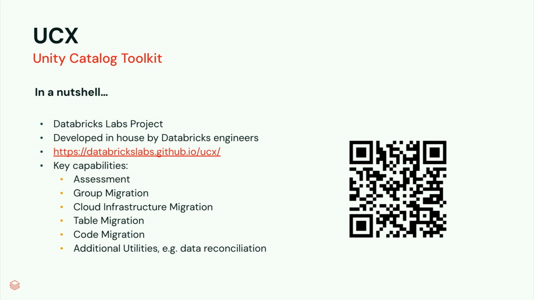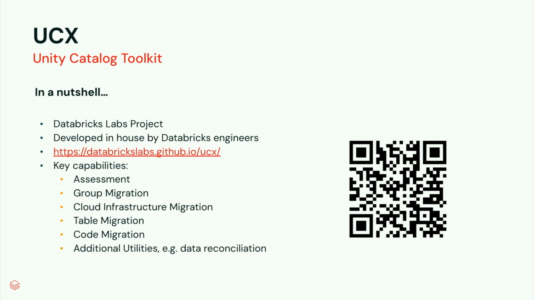It's developed in-house by field engineers, including folks like Liran, myself, and quite a few other contributors as well. We've been keeping this project up to date, fixing a lot of bugs, adding new features. And the key capability that we have added is the assessment capability, which inventorizes the entire existing Hive Metastore and gives you an indication of how to migrate.